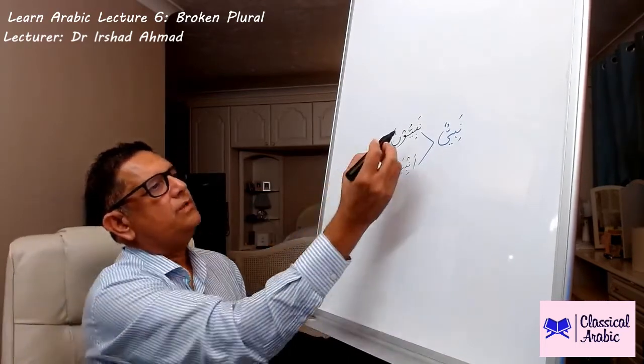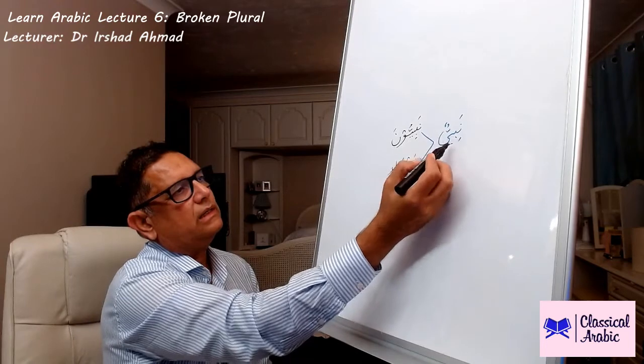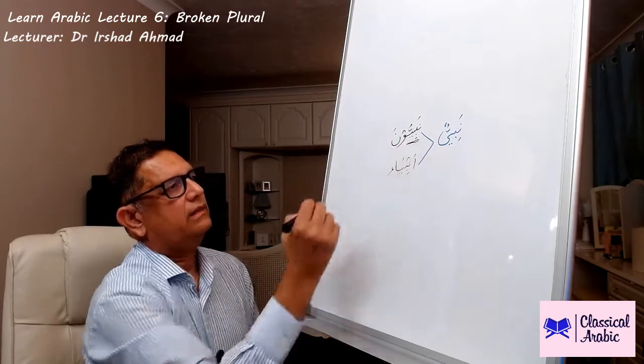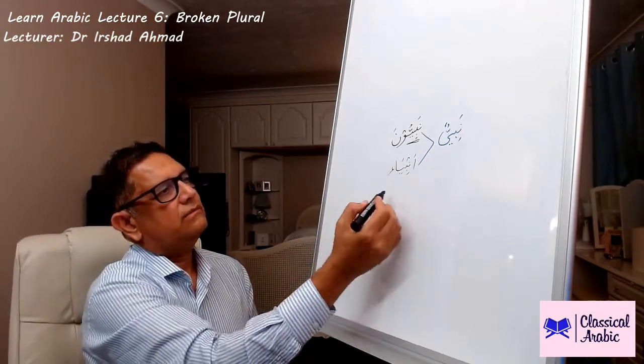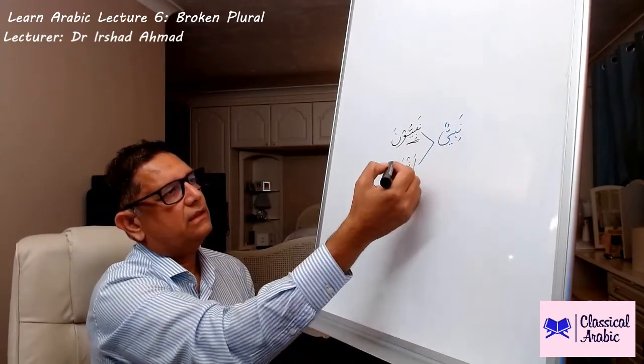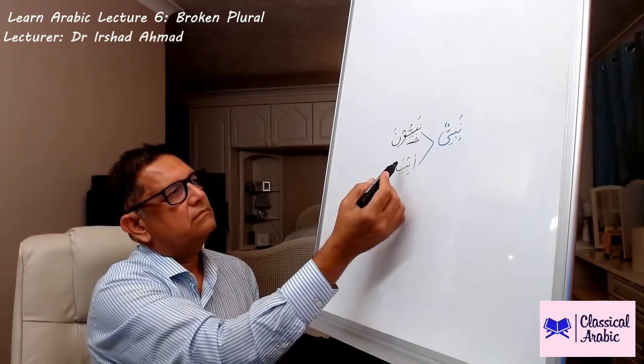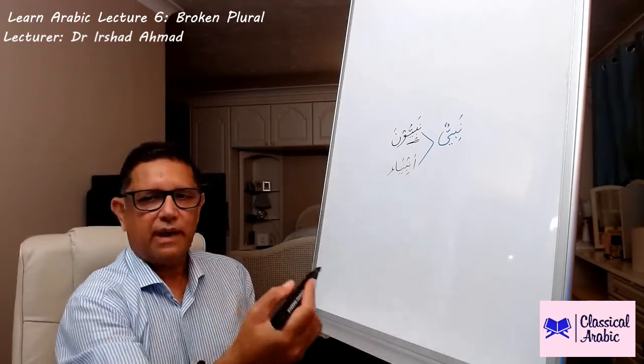So in Nabiyuna we can recognize the wahid, which is here, kind of intact. Here we cannot really identify that wahid. So this is kind of not exactly broken, it's kind of smashed.